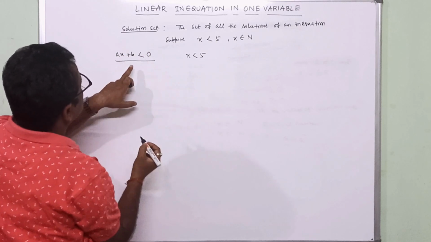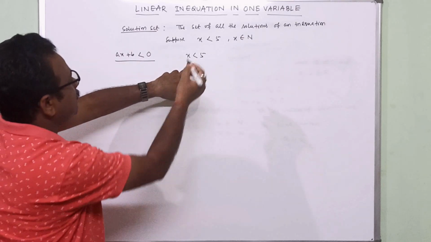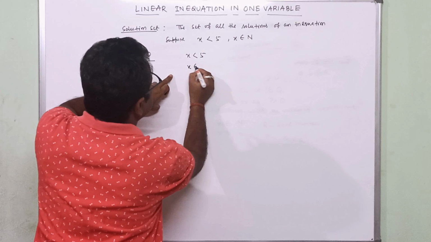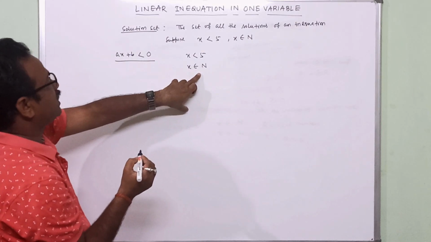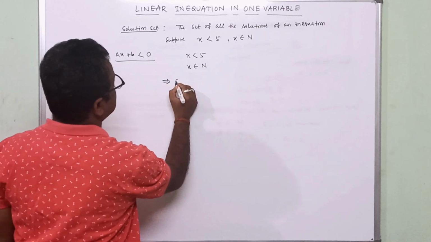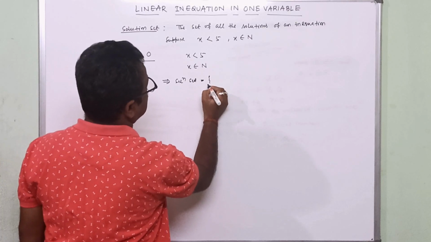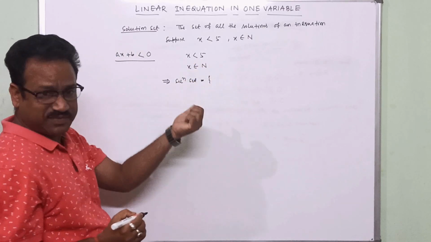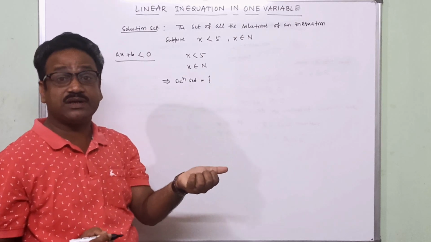Here I can write that implies solution set is equal to, less than 5, set of natural numbers. So what will be the solution set?